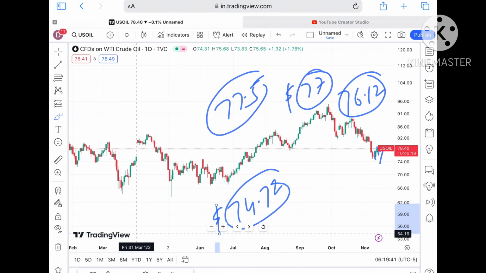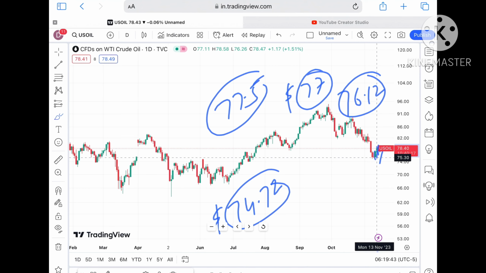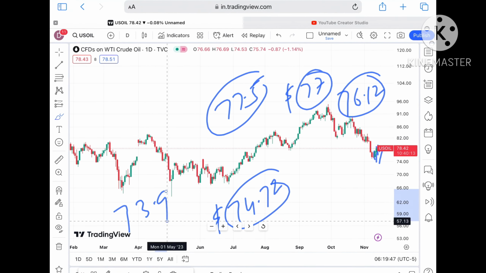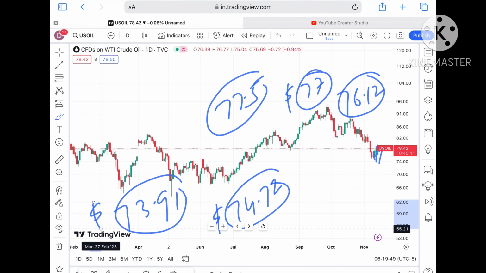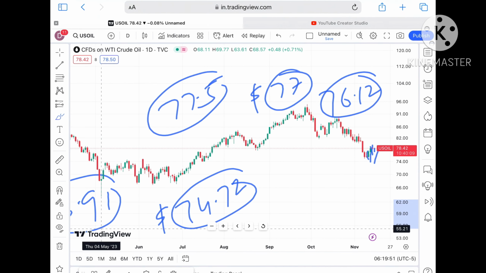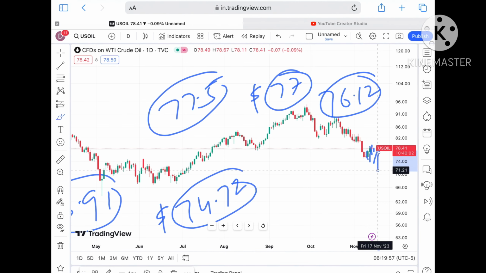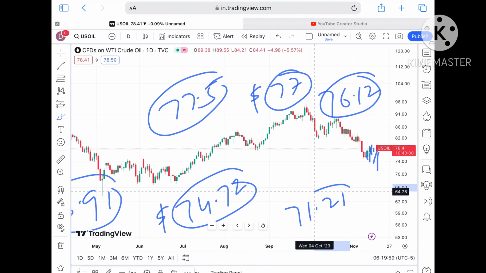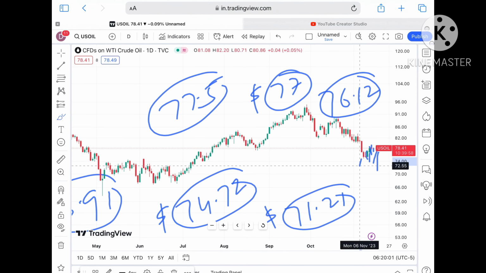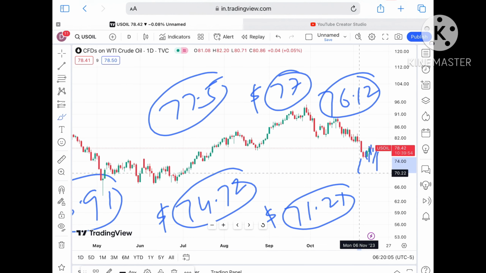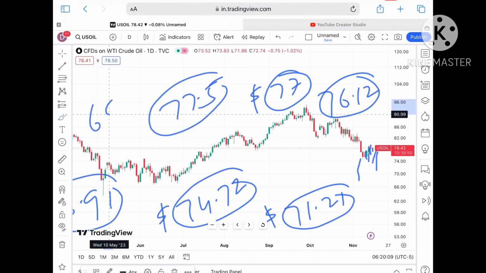Once the price falls below 74.72, a further downfall, and then a probability of touching 73.91. Once it falls below 73.91, a further fall towards 72.6, and then from there a probability of touching 71.21. Then we can see it will go towards a level of $68.